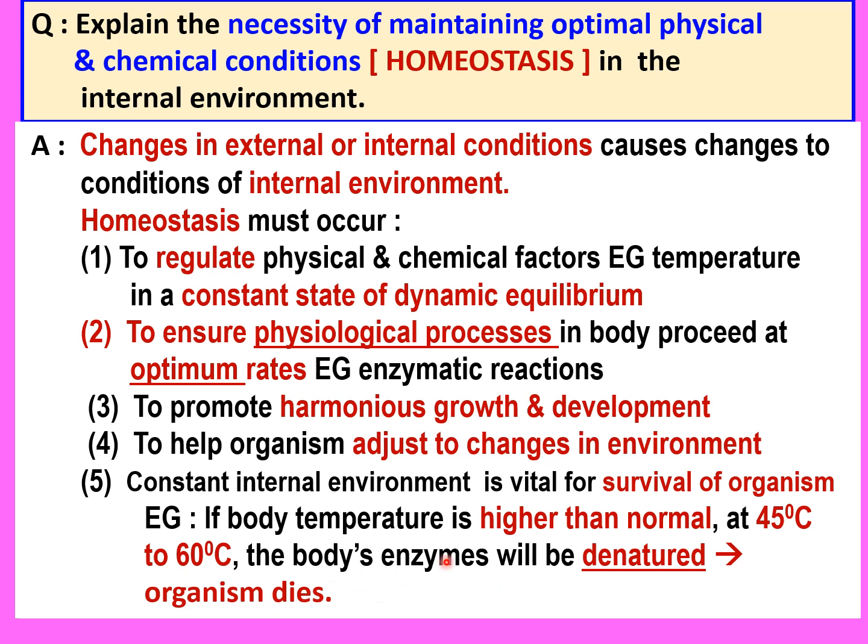For example, when a child is left in a hot car in the afternoon, and he doesn't know how to get out, or he may be asleep, then his body may overheat, and the enzymes will be denatured or destroyed. They cannot then carry out the reactions in the body. So it's very dangerous and the organism can die.